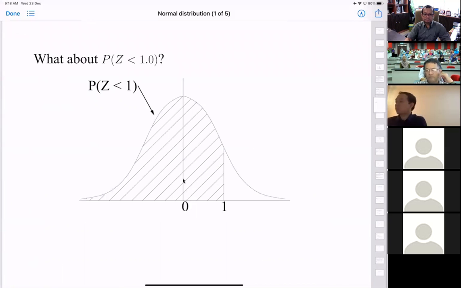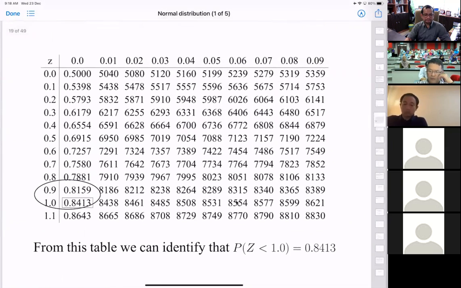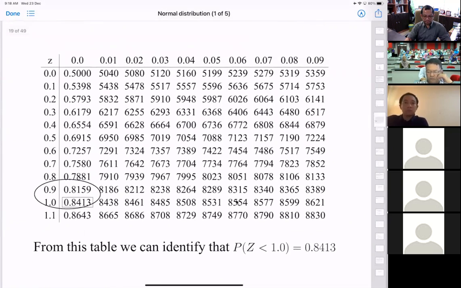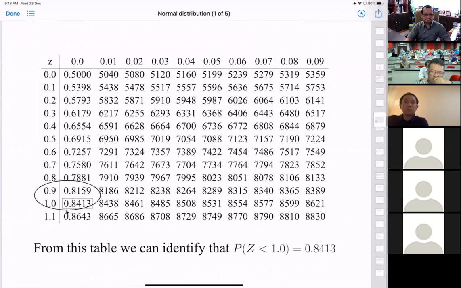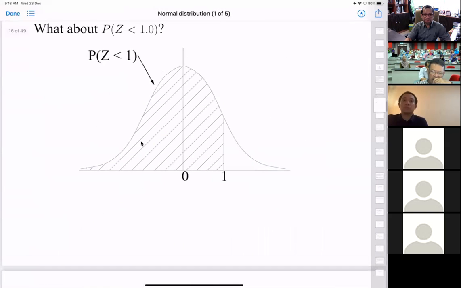So to get this area, the hash area, if it is 1, is 0.8413. So the area for this hash is 0.8413.